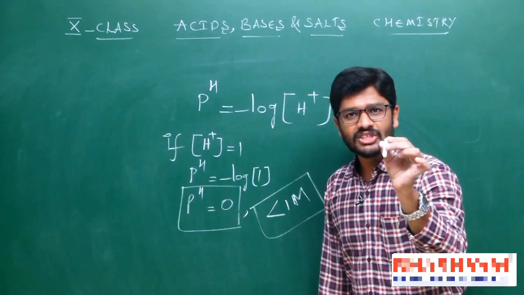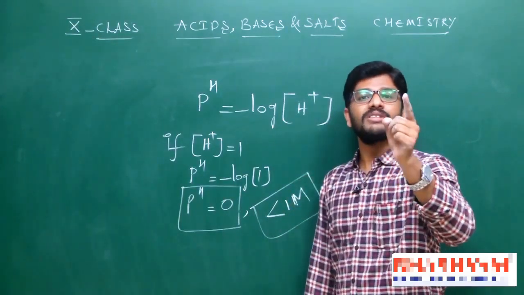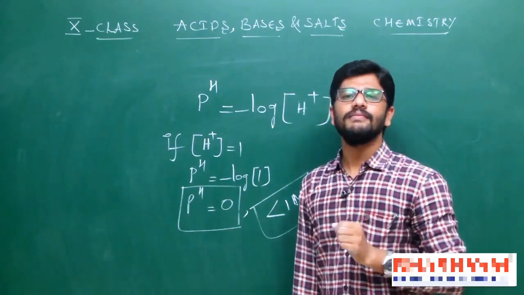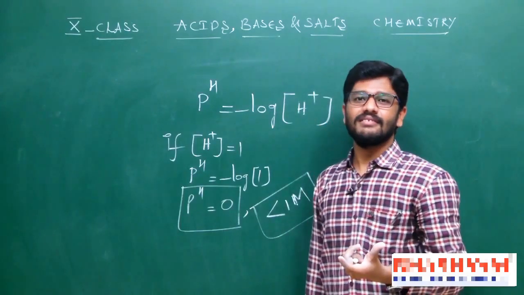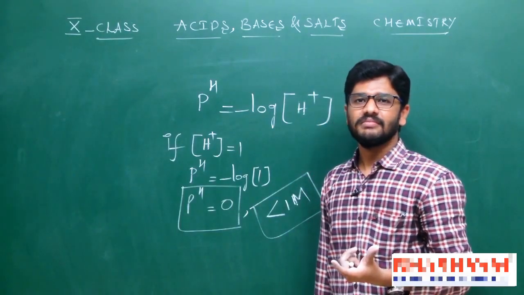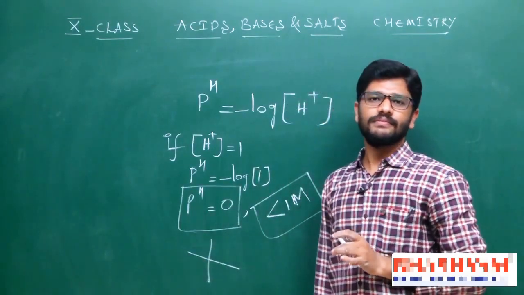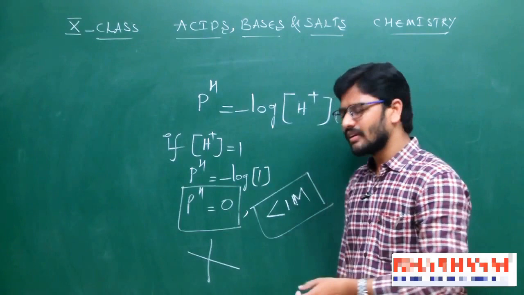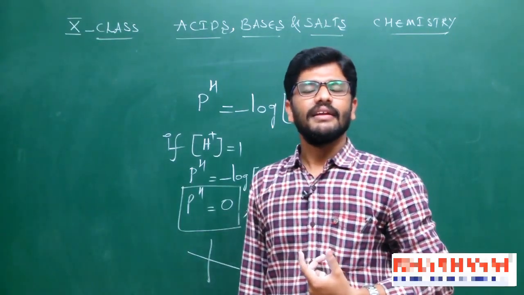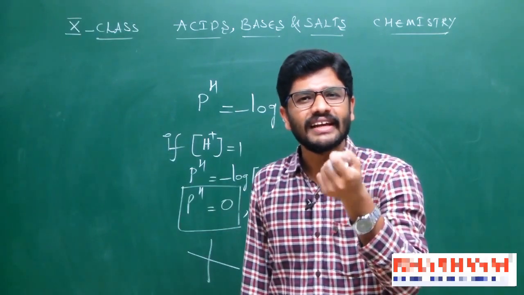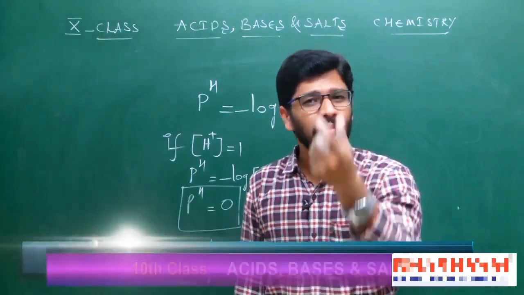If the concentration of H plus ions is less than 1 molar, then only the pH concept can be applicable. If the concentration is greater than 1, this concept can't be applicable. Why, sir? If the concentration is greater than 1 molar, then pH values will become negative. There are no negative values on the pH scale. All are positive values.